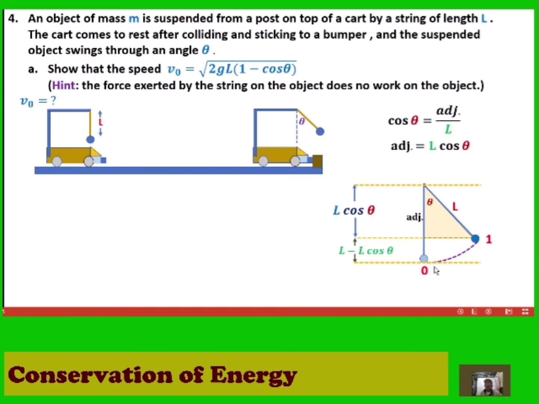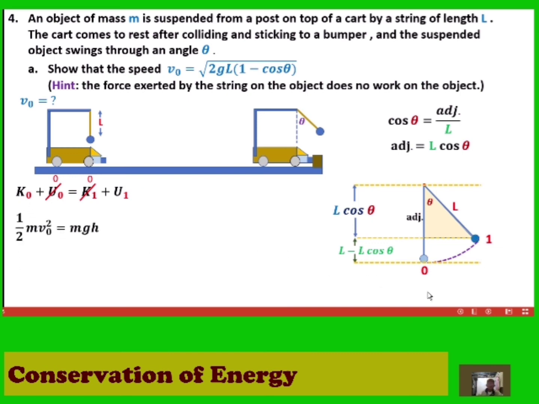So we label the points as O and point 1. From our energy conservation principle, the sum of the kinetic and potential energy at point O and point 1 are equal. So at point O, its potential energy is 0 since the height is 0. This is our reference level. At point 1, the kinetic energy is 0 since the particle or the mass stops momentarily.